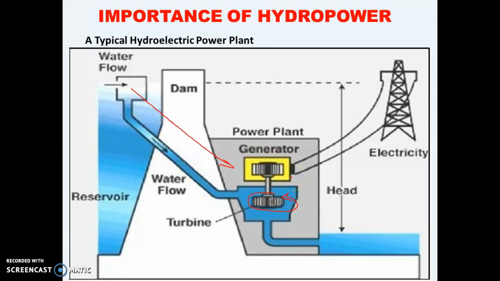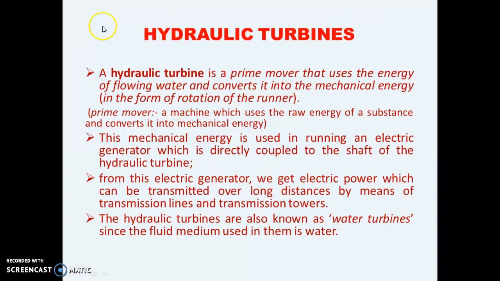In this lecture we'll just study the definition of a turbine and the classification of turbines. What is a hydraulic turbine? In this case we are going to study hydraulic turbines. They are also known as water turbines, since for the rotation of the turbines, the main power is provided by water.